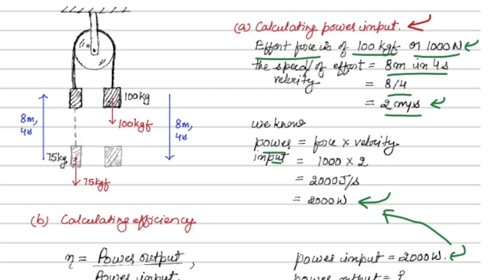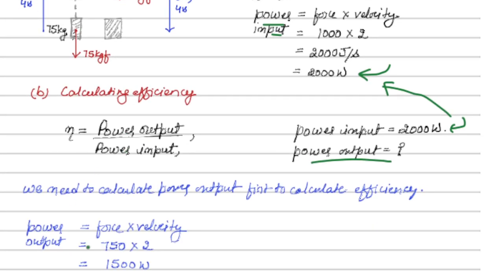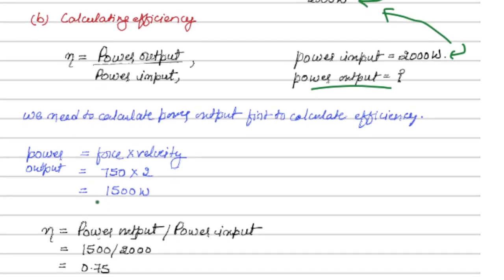It will have the same velocity because there is only one fixed pulley here, that only changes the direction. It cannot change the speed of the load and effort. You'll understand this in detail, but we can calculate power output here as 750 into 2. Again, I'm taking g as 10. So we are getting 1500 watts.